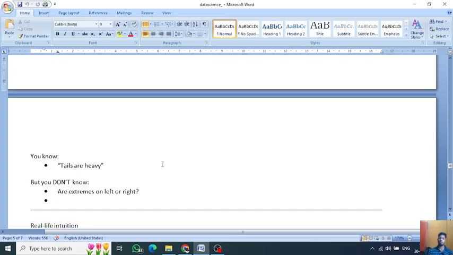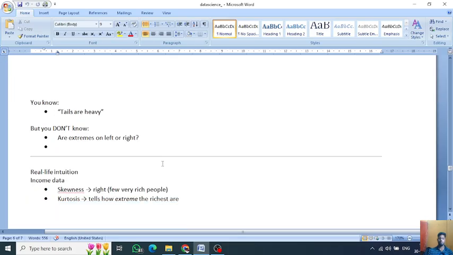That means we know an extreme outlier is present, but we won't be aware whether it is an extreme high value or an extreme low value. So that's why these two measures are both needed.